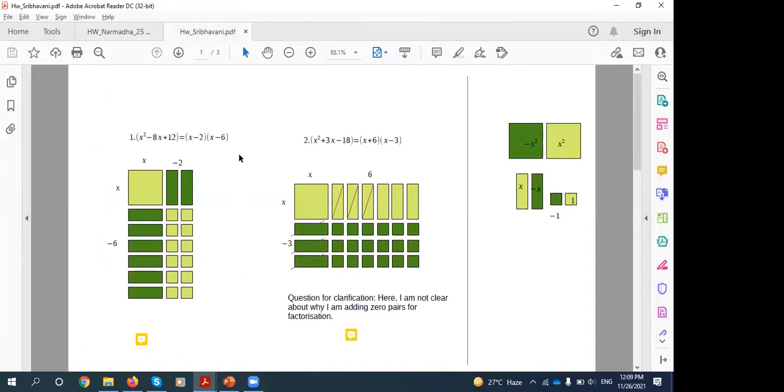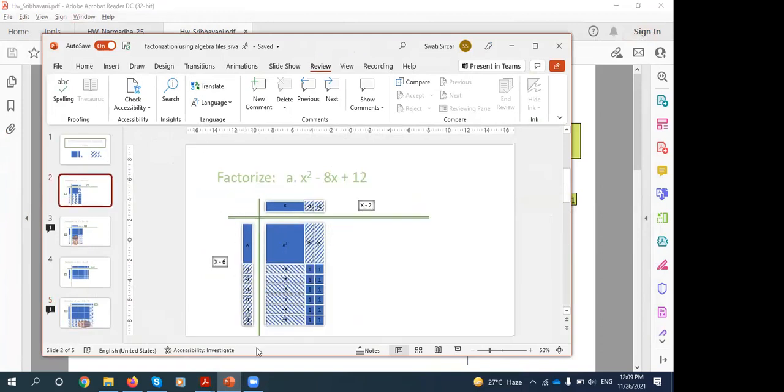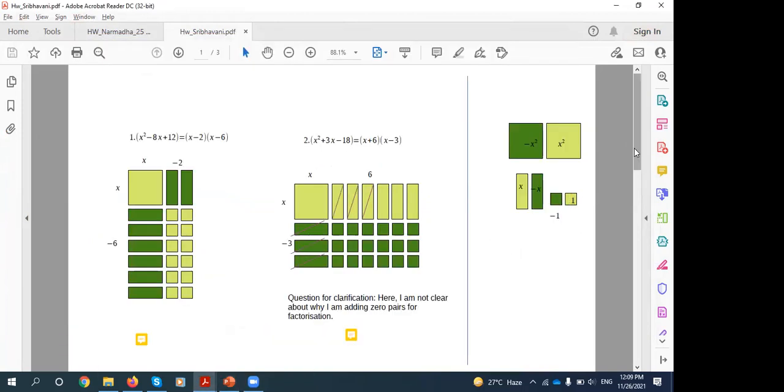Now the other thing which I would like to say is, when you do stuff like this, here, this one also I want to share. See, in the previous one, it was not at all clear to me whether you actually used the tiles to factorize or you factorized in the standard way and then tried to rearrange the tiles. There is no way for me to figure that out because I did not see you do it live, right?